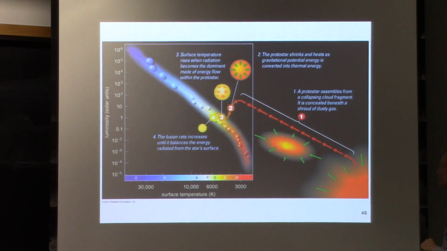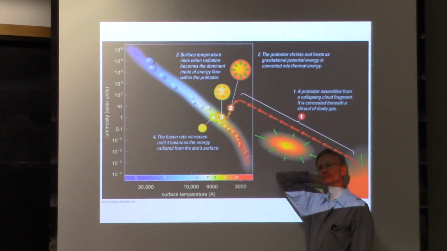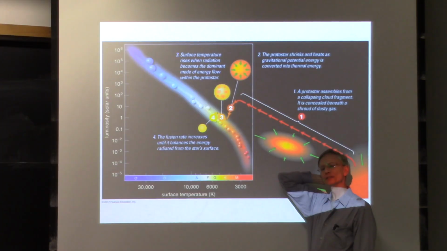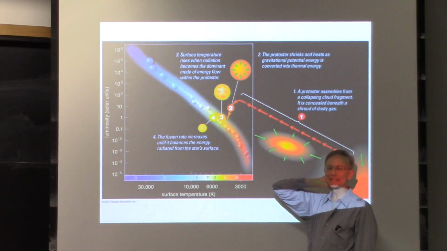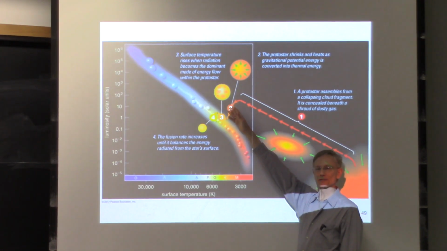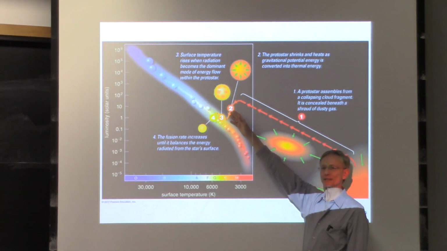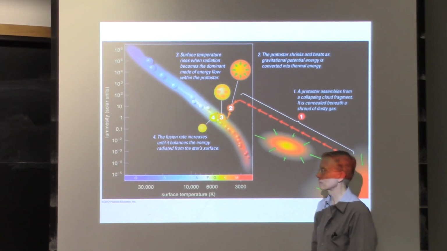So it is powered by gravity, yes. Significantly more luminous was the sun as a protostar than it is as a full-fledged star now, when it was gravity powered. Gravity power can be quite efficient.